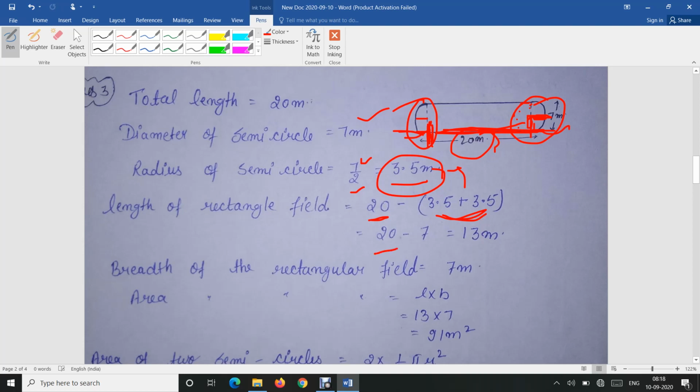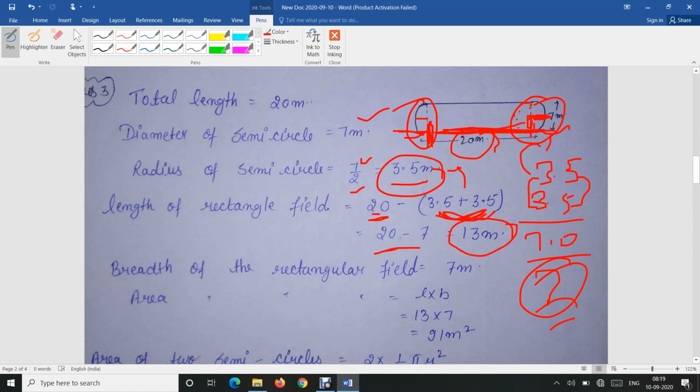Now we have 20 minus (3.5 plus 3.5). 3.5 plus 3.5: 5 plus 5 is 10, carry 1, 3 plus 3 is 6, 6 plus 1 is 7, that is 7.0, which equals 7. So this will be equal to 20 minus 7, that is equal to 13 meter. So the length of the rectangle which we have found is 13 meter.